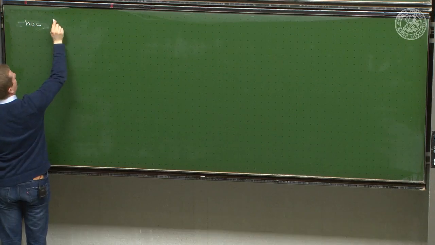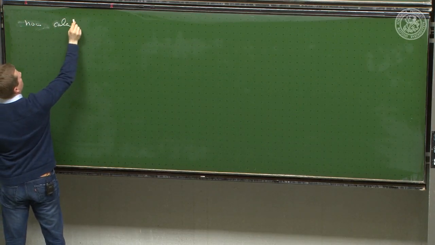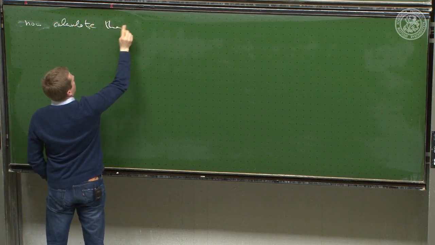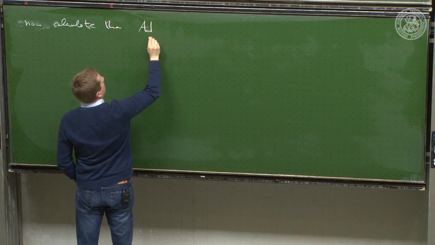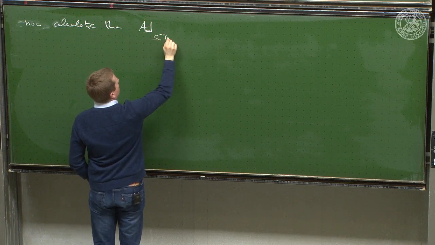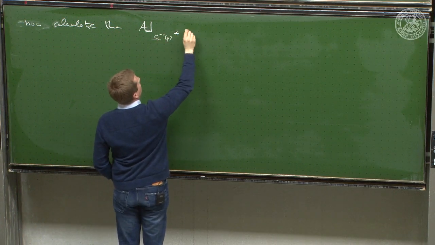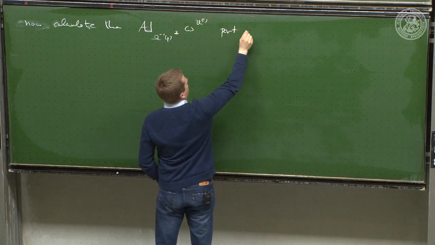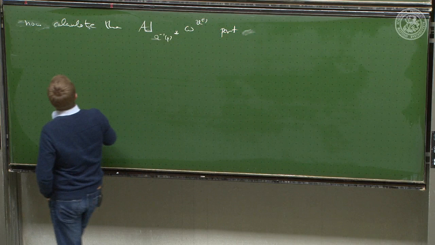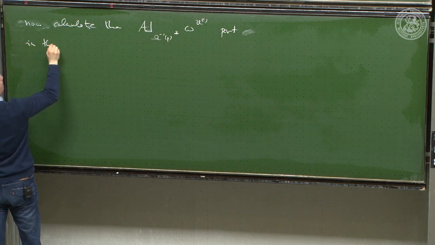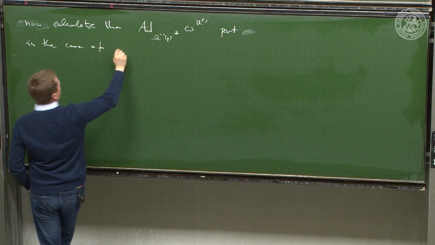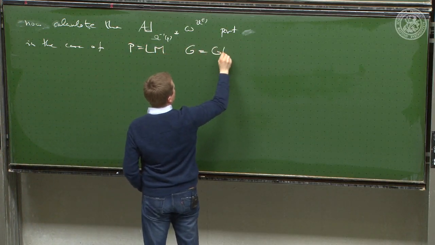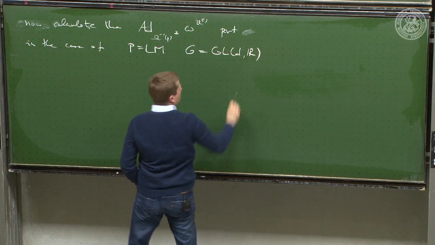Now try to understand, or now calculate, the Ad omega inverse of p push forward of omega u1 part in the case of P equals the frame bundle, and therefore G equals the GL group.